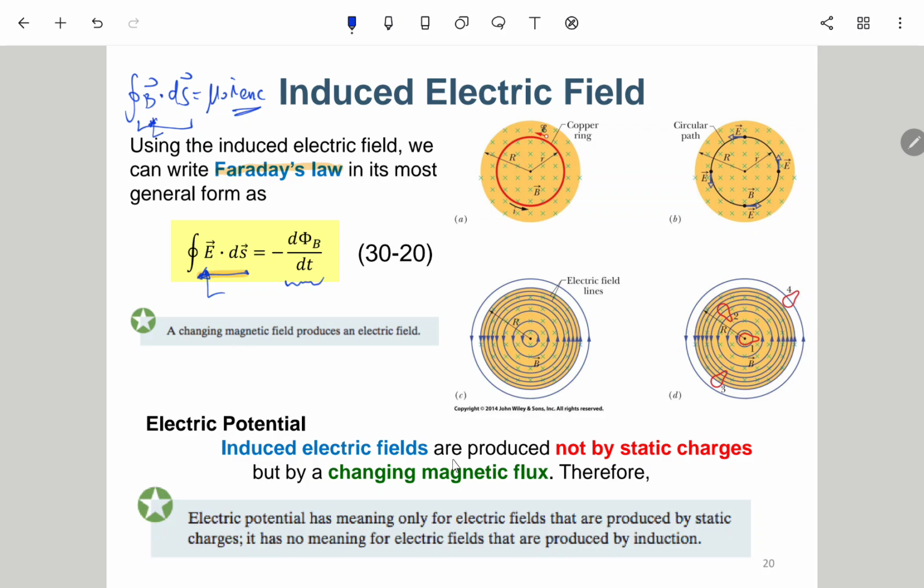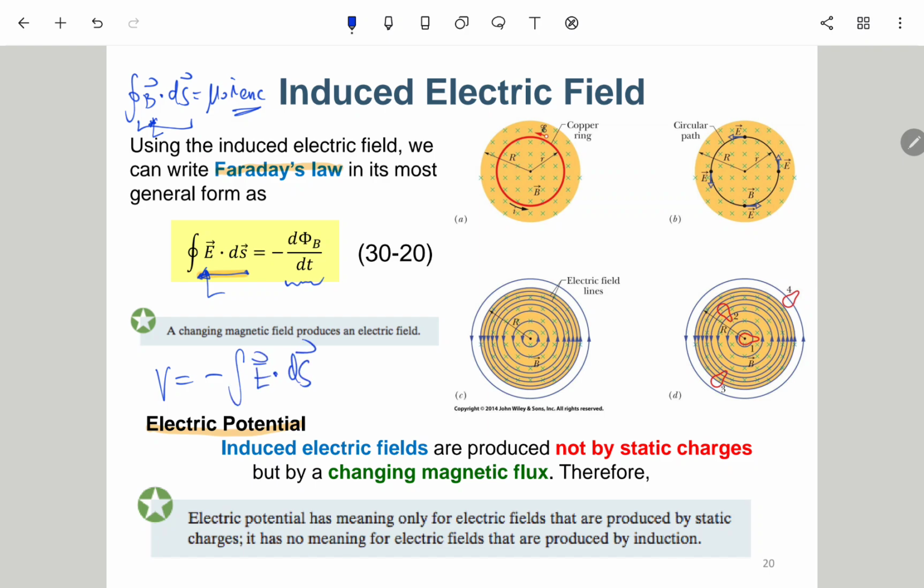So here it mentioned that this is very important. For the electric potential you learned in chapter 24, if you still remember, we have an equation like this: V equals negative integral of E dot ds.